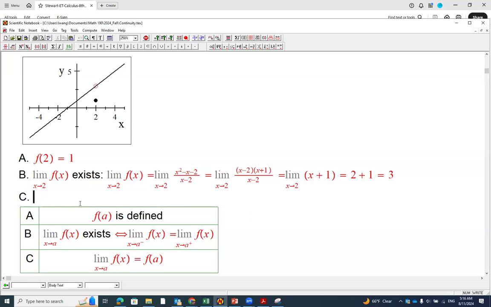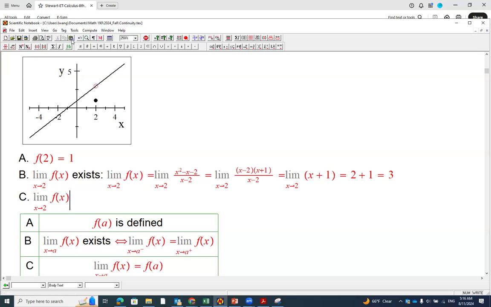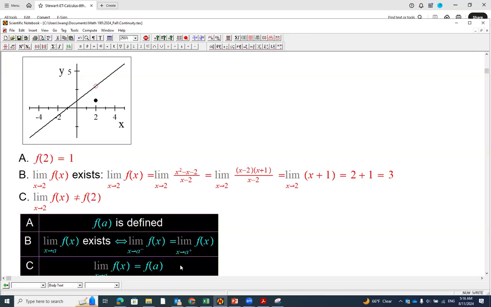Thirdly, number 3, when you mention that the limit is 3, not equals to f of 2, you're basically quoting the definition.